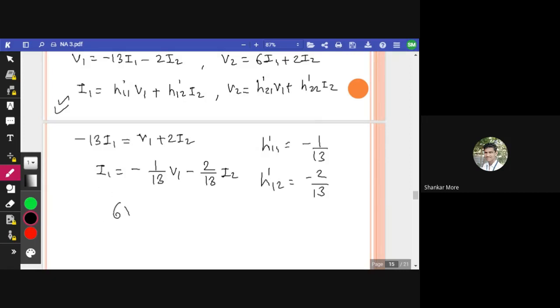सो 6v1 is equals to 13 6 are how much, 13 1 are 13, 13 2 are 26, 13 3 are 39, 13 4 are 52, 13 5 are 65, 13 6 are 78.